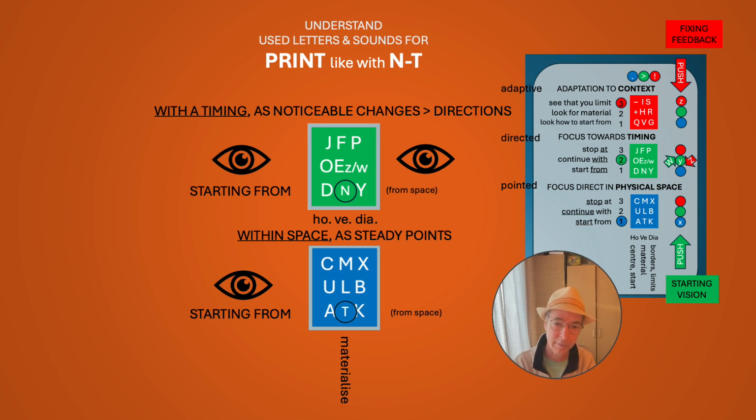And also the horizontal, vertical, and diagonal are there associated in the background, as well in T as in N. They are on that level of the vertical association there.